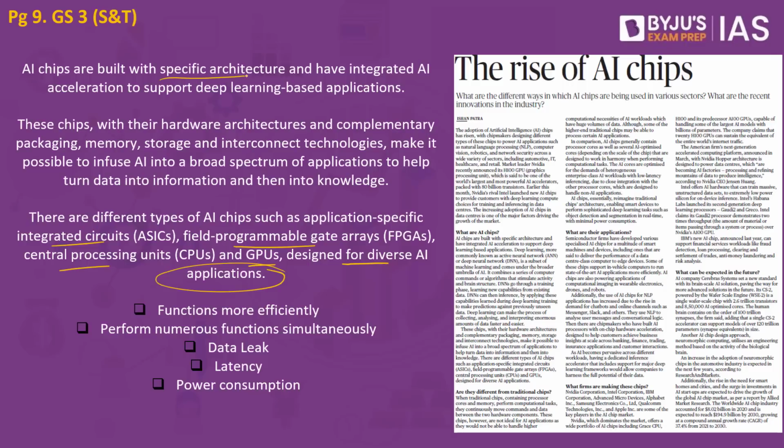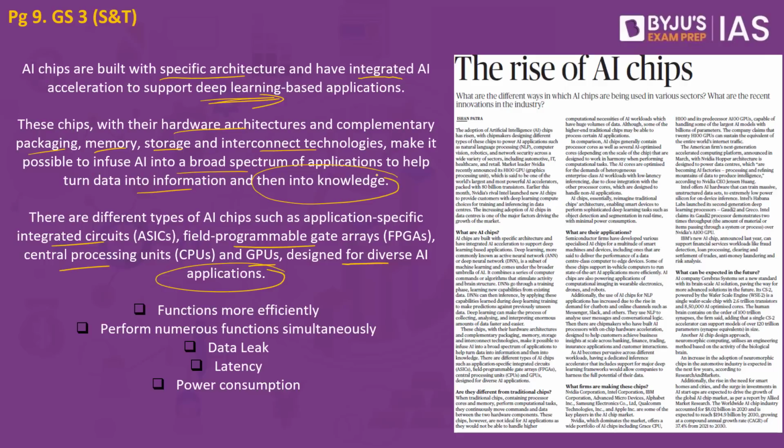They have a different architecture than the traditional ones and have integrated acceleration to support deep learning based applications. These chips with their hardware architecture and complementary packaging, memory, storage and interconnected technologies make it possible to infuse AI into a broad spectrum of applications to help turn data into information, then into knowledge.